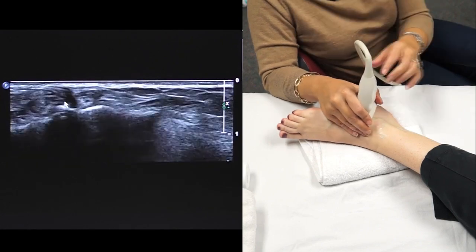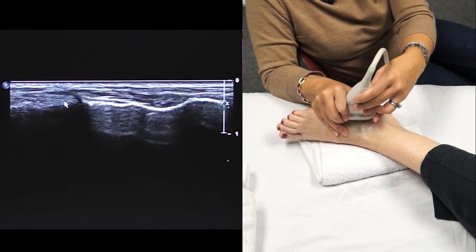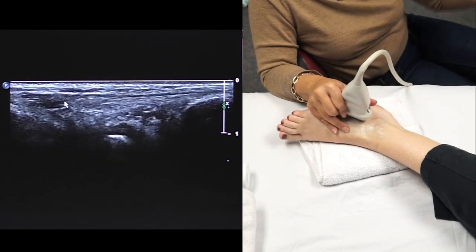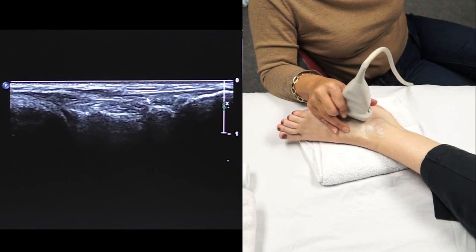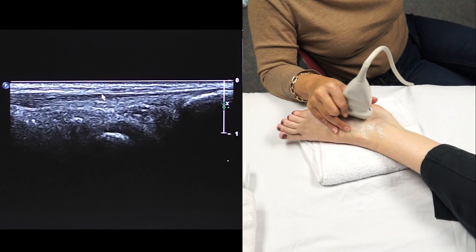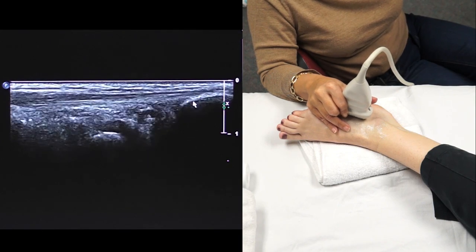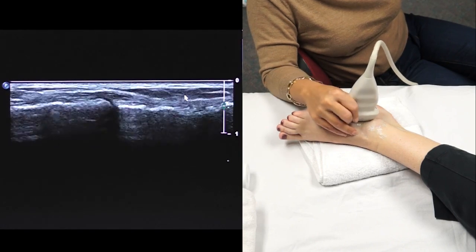The brevis is more anterior, and it stays anterior as it inserts onto the base of the fifth metatarsal. So here we see it coming into view here in long axis, and that's one place where you would like to scan that tendon. You can have an insertional tendinopathy or perhaps an avulsion when there is injury of this tendon.